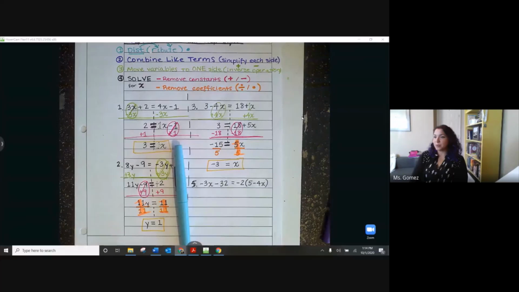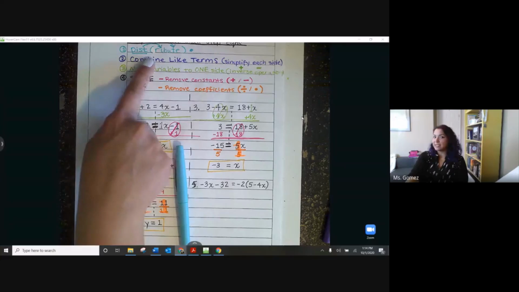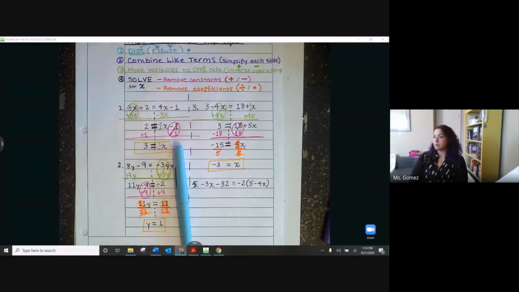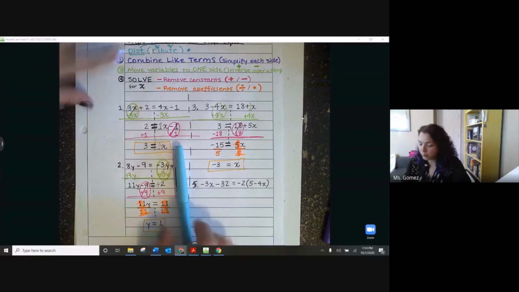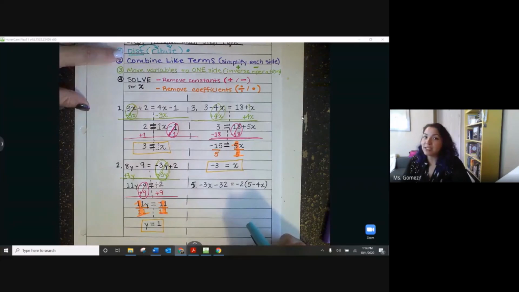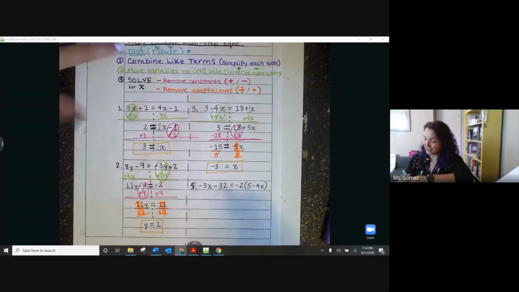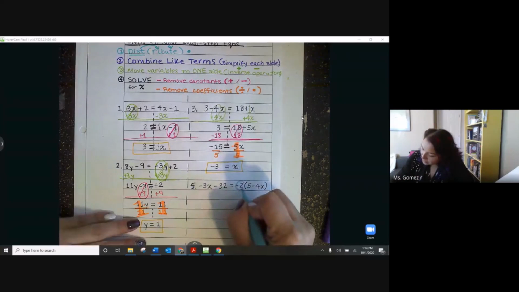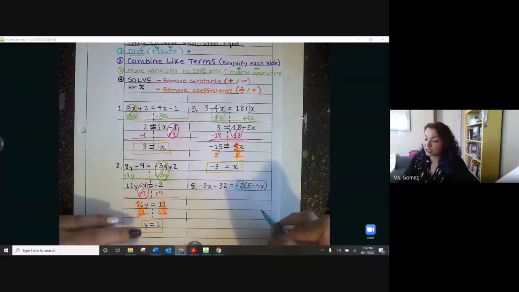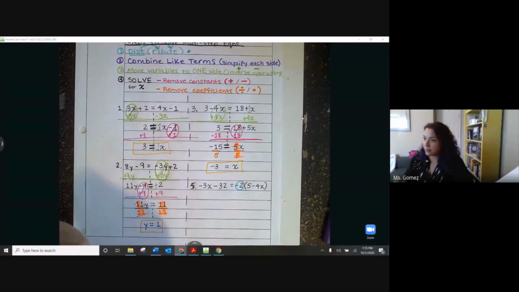Do I have parentheses that tell me I need to distribute? Yes. Okay. So what is in front of my parentheses that I should distribute? Negative 2.